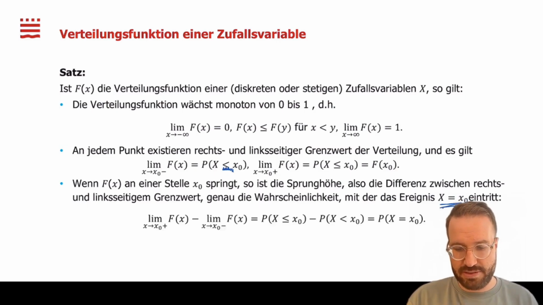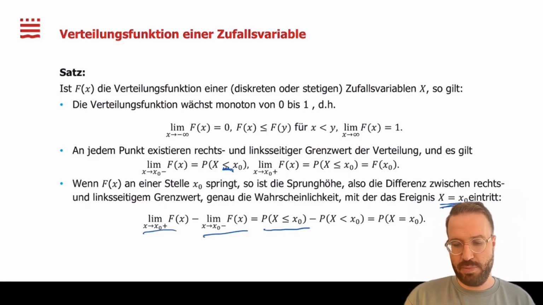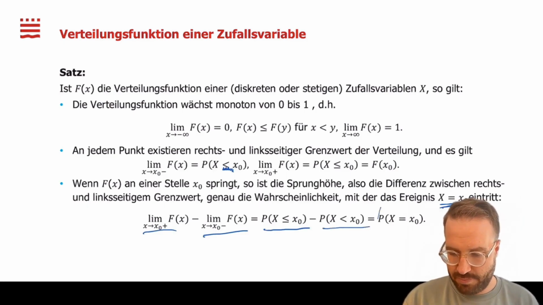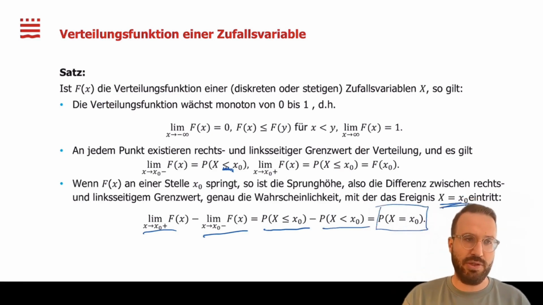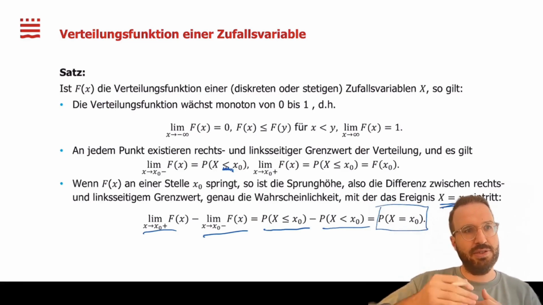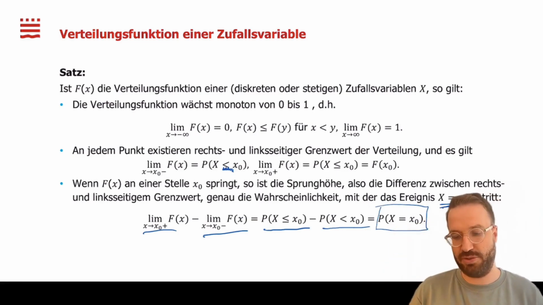In other words, if we take the limit from one side minus the limit from the other side, then we have P of X less than or equal to x0 minus P of X less than x0. And that is exactly this value that is assumed. This means that the jump points are just as large as the bars we saw earlier in the distribution.